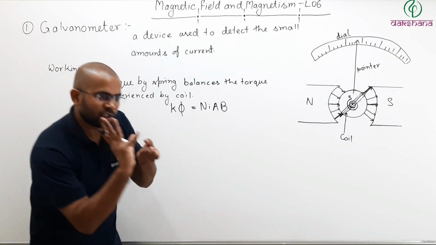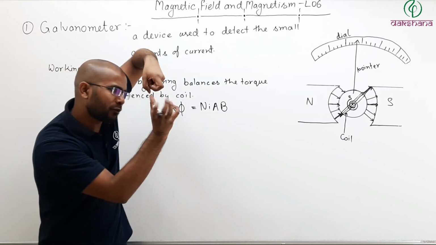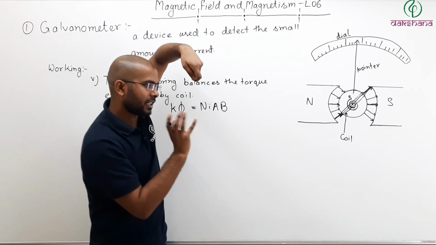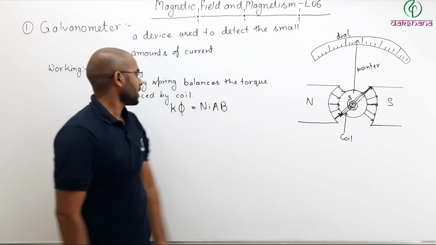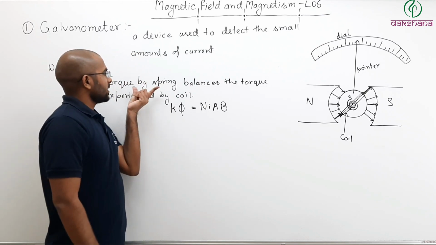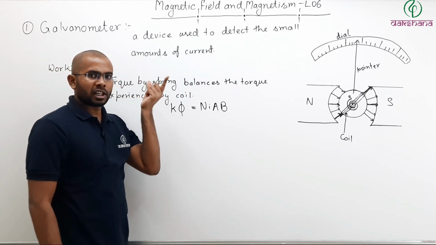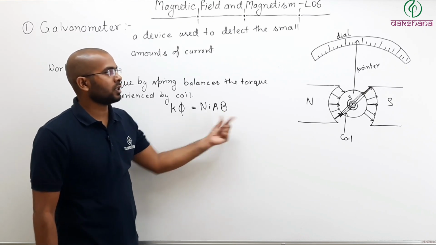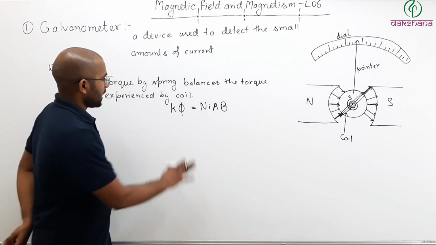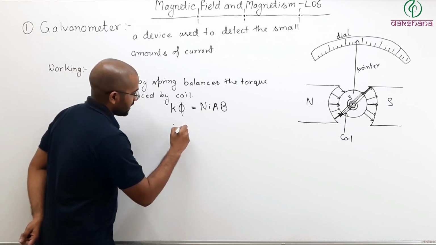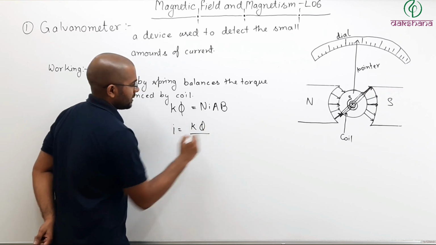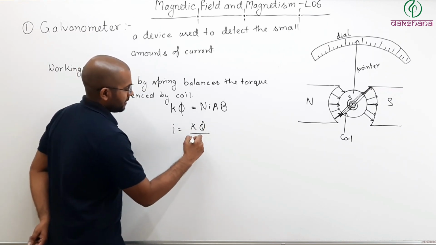Phi is the angle twisted. How much we twist that spring, how much we twist that wire. So the greater the twist, the more the torque. So the spring torque, or the restoring torque, balances the torque experienced by your coil. Now can I write it like this? I is nothing but K times phi divided by NAB.